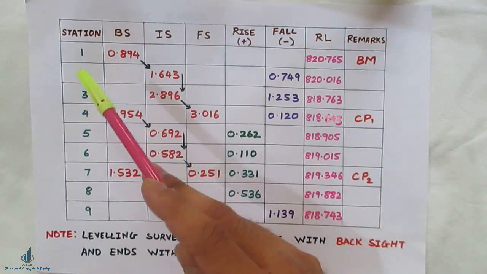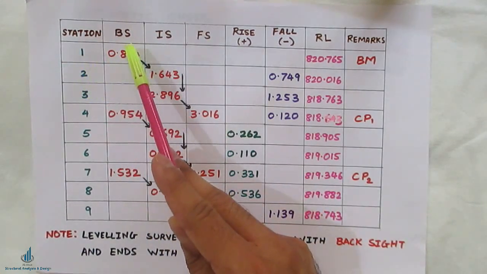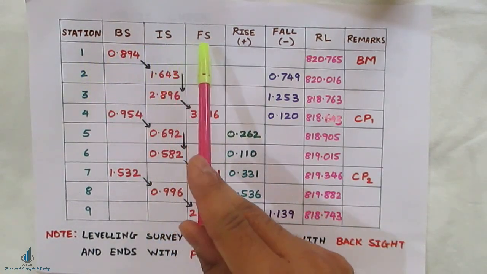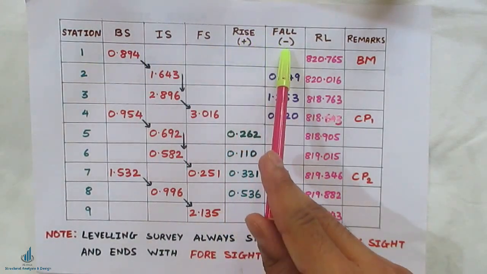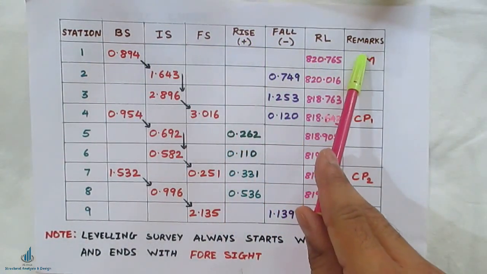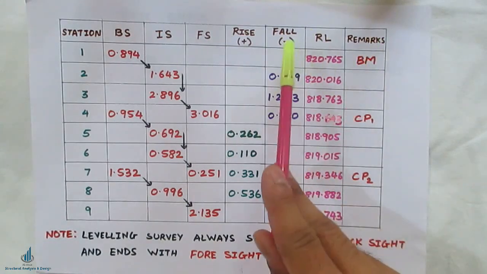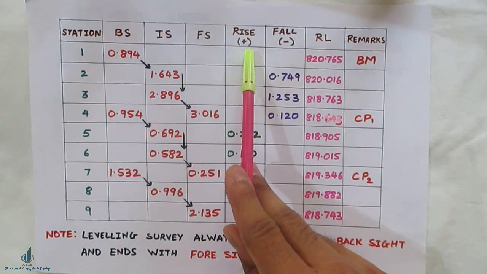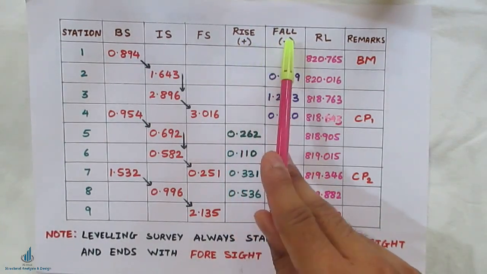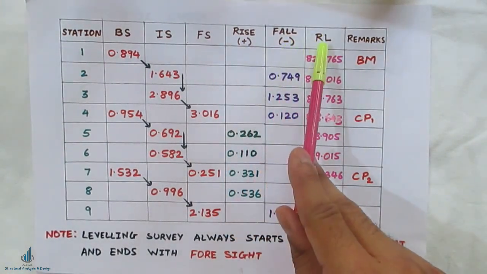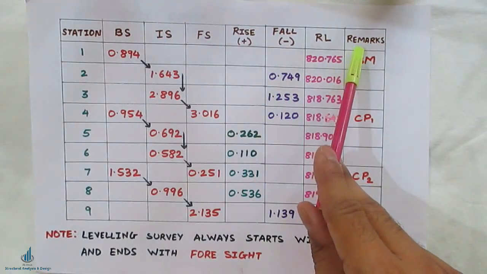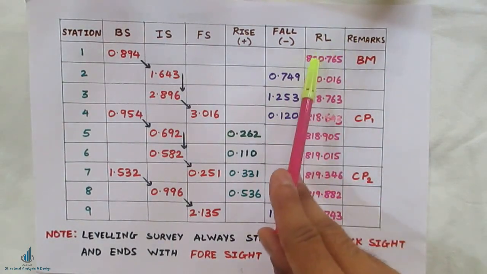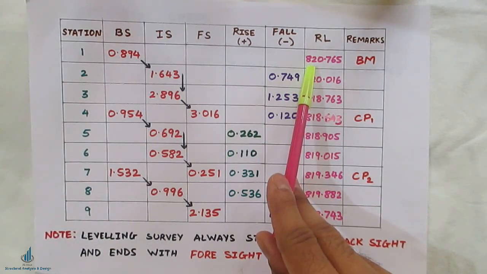The first column will be station, second BS backsight, then intermediate sight, foresight, rise, fall, reduced level, and remarks. In the HI method, one column was less. Here there are 2 extra columns: rise, that is positive, and fall, that is negative. This is the reduced level and this is the remarks column. In the problem they have mentioned the RL of the benchmark, the first point, which is 820.765 meters.